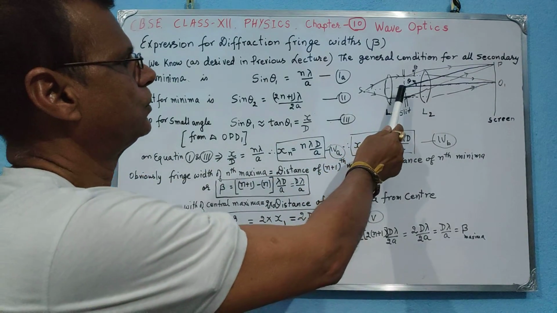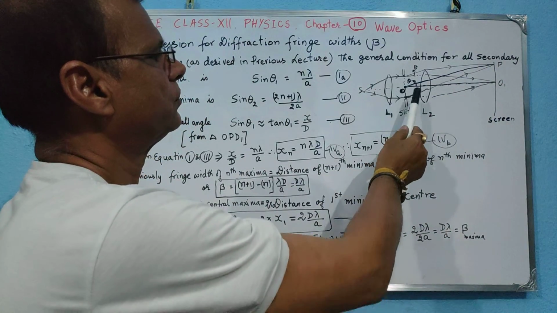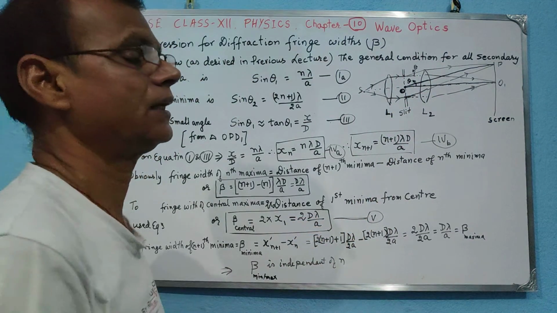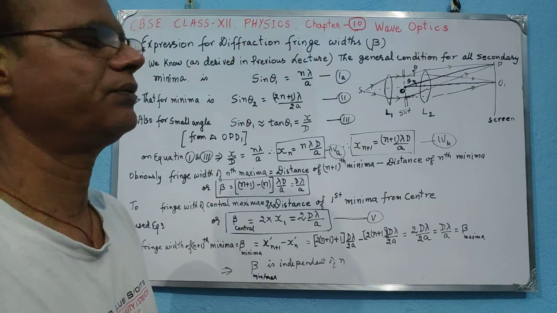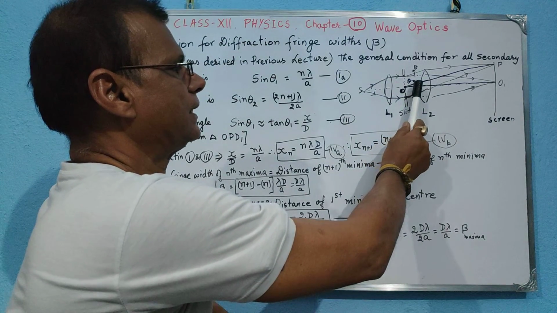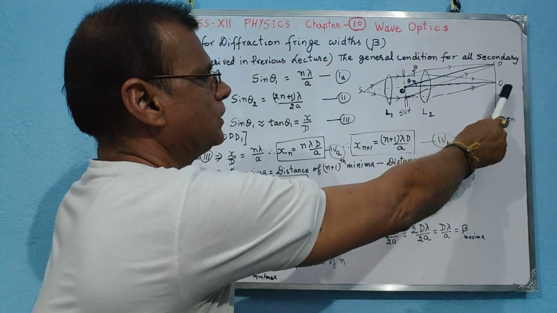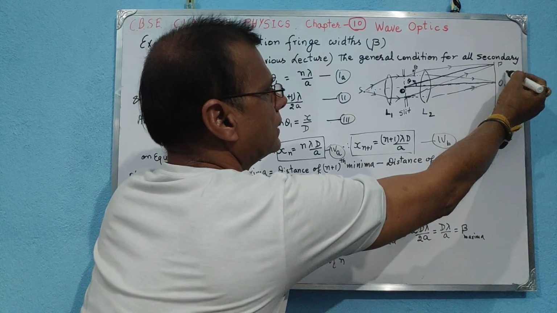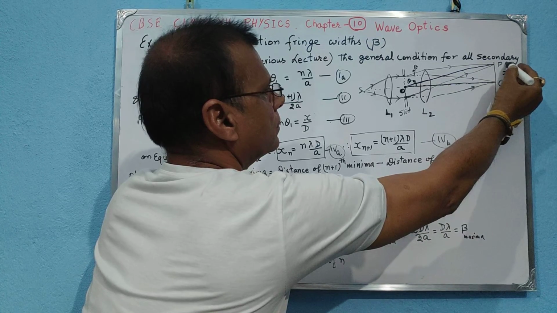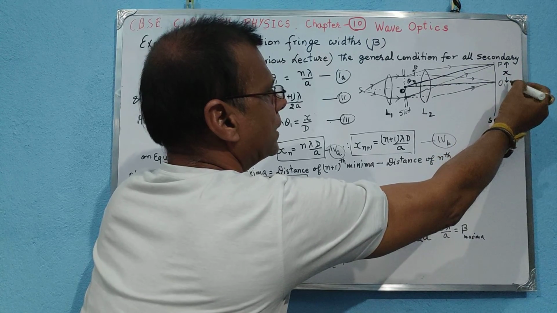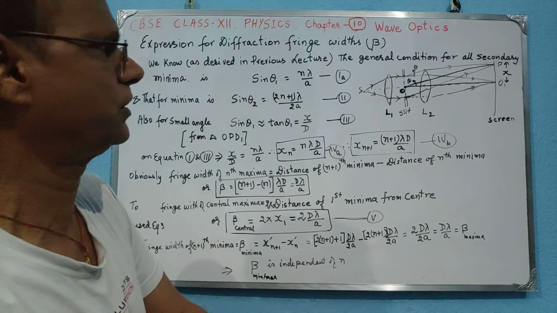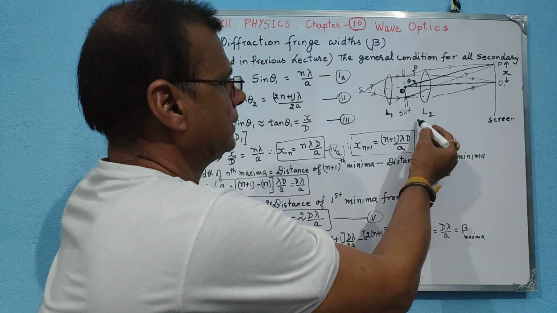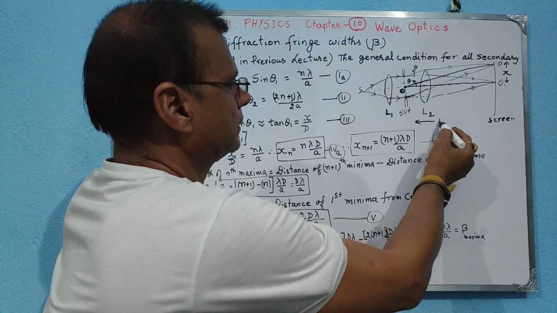Now from this triangle OO'P we have sin theta nearly equal to tan theta if this angle is taken to be very small, and therefore we can write tan theta equal to perpendicular, that is PO', which is nothing but equal to x, we have already discussed it, the distance of that point under consideration from the center of the screen, divided by OO', that is the distance of the screen from the slit.